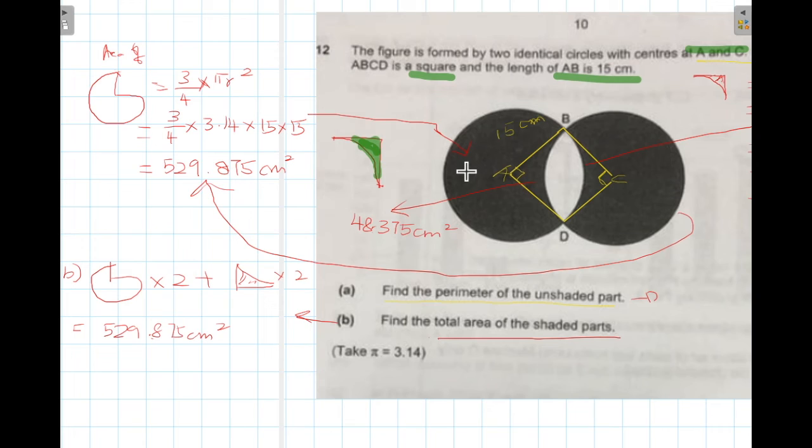Or why not I just do this: add, then bracket times 2, which is this one add this one.